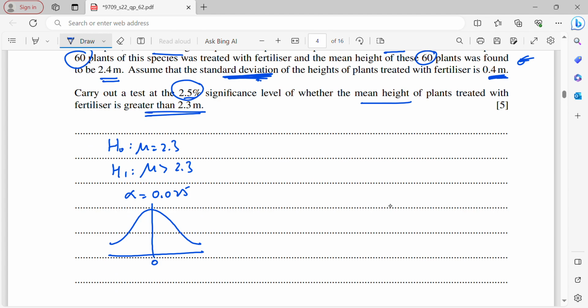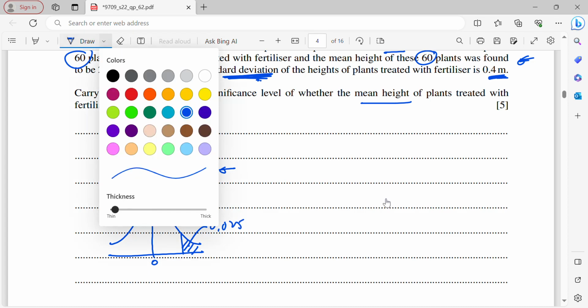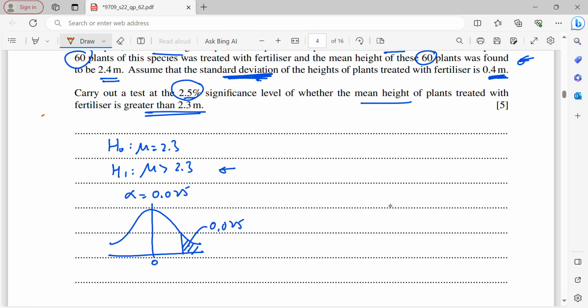By looking at the H1, since this is an upper tail test, your region is on the right side. The area of this region is going to be 0.025. Now, since we have decided to use the z-test, I need to know the region towards the left-hand side here. So the region on the right side is 0.025.